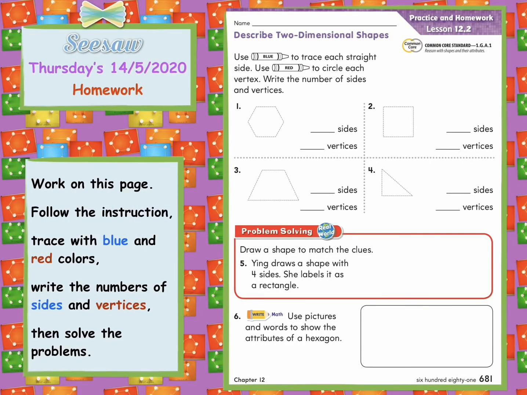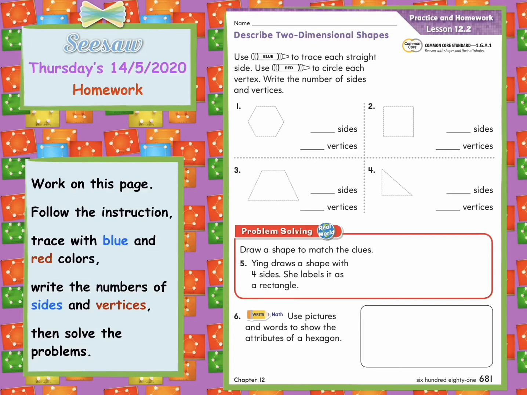This page, grade 1, will be your homework and you will find it in Seesaw. You will need to work here to follow instructions to trace with blue and red colors, and to write the numbers of the sides and vertices, and lastly, you need to solve the problems. The first shape here is the hexagon. Excellent.